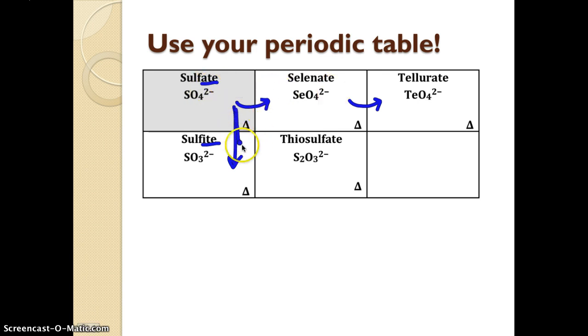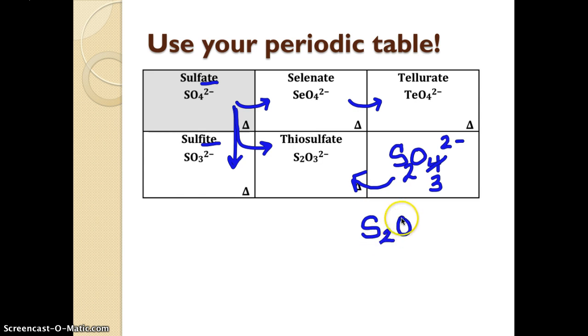Now, here's thiosulfate, and at first glance you're thinking, okay, so why is that similar? You don't even have the same subscripts here. But if you think about this for a second, if you take the sulfate ion, remember, all of these elements are group 16 elements, and you give away an oxygen, but you gain a sulfur, so instead of 1 you have 2 there, you really just have thiosulfate.